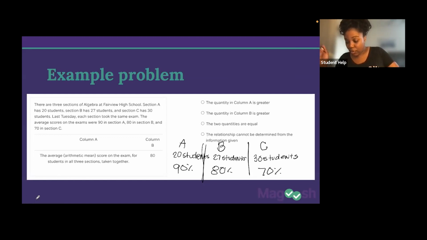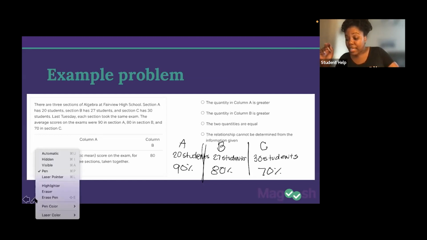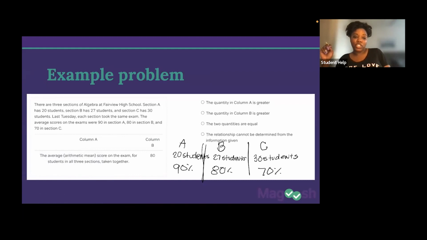All right, so here's what I immediately notice. Which one of my sections has the most weight? Anybody know? C. Why, Katie? Why does C have the most weight? Yeah, it has the most students, right? So we know that C is going to weigh our score more.